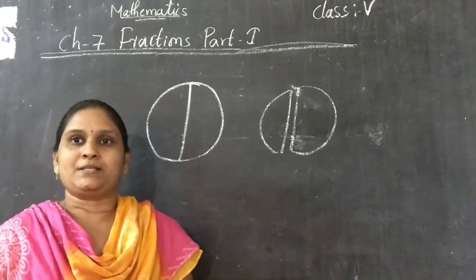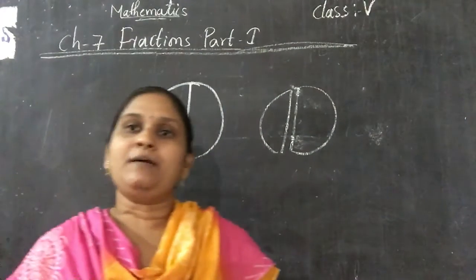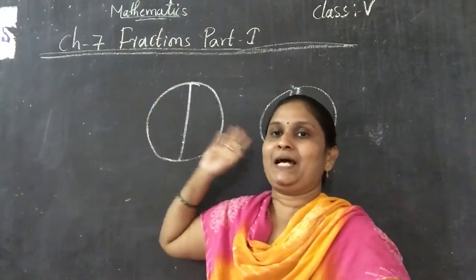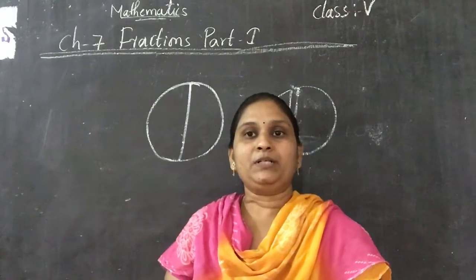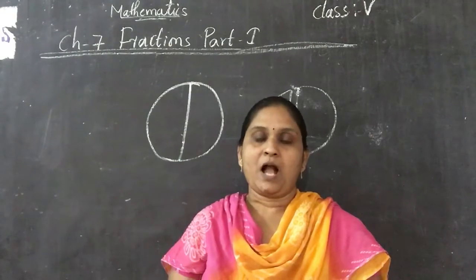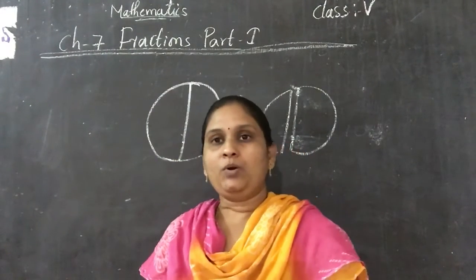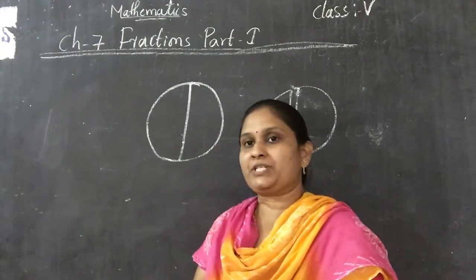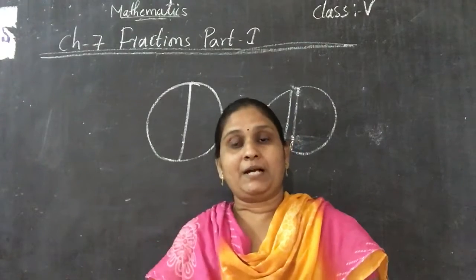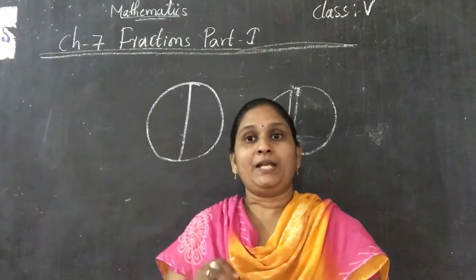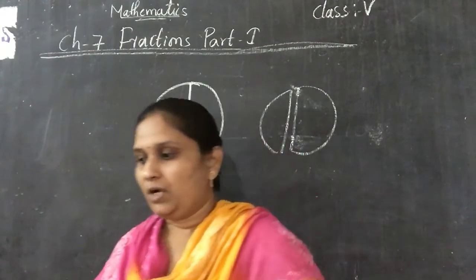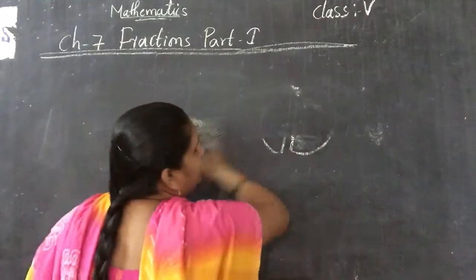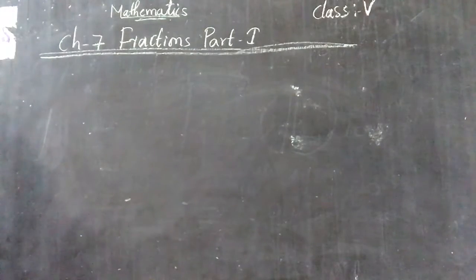Now everyone open your maths notebook and write chapter 7, the last chapter of term 1, Fractions Part 1. After writing this heading, we'll write slowly one by one the definition of fractions, examples of fractions, and after that the different types of fractions.